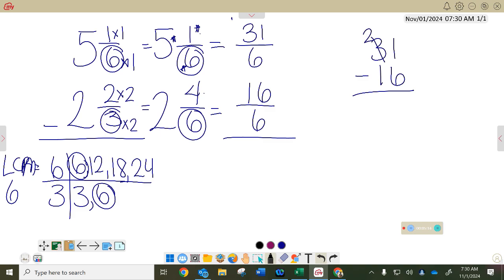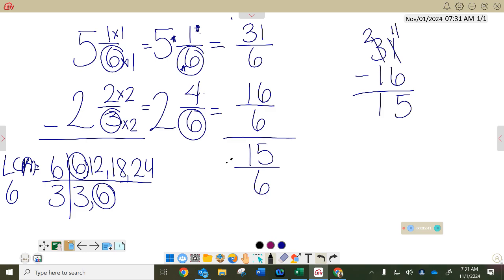Bring those 10 over. So that'll make my 1 an 11. So that's going to be 11 minus 6, which is 5. 2 minus 1, which is 1. So that's going to bring my numerator to be 15. And I keep my denominator of 6.